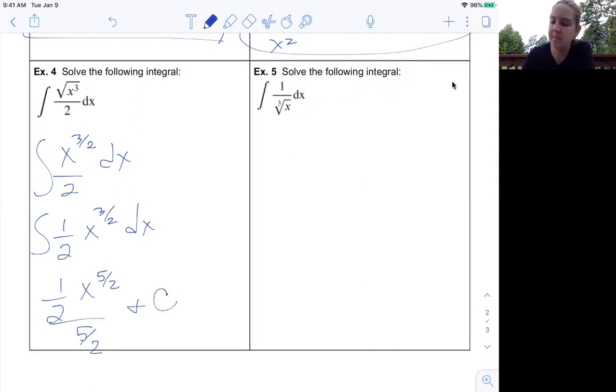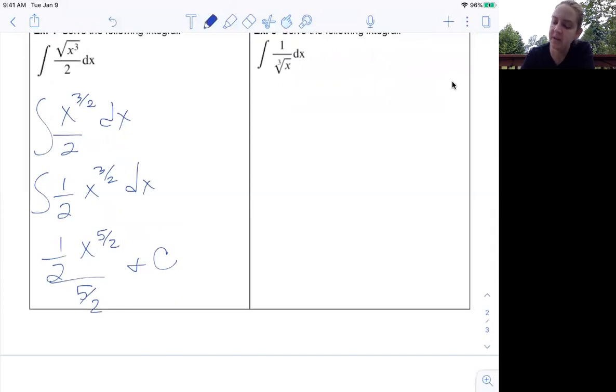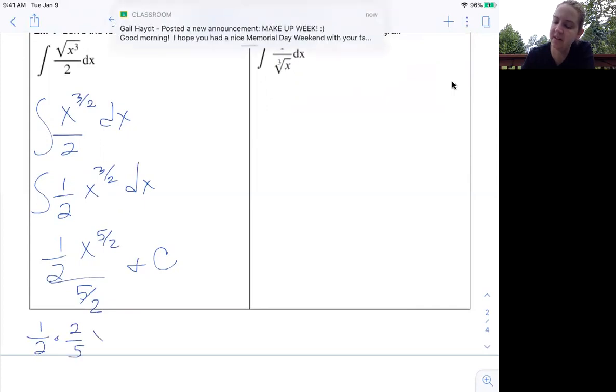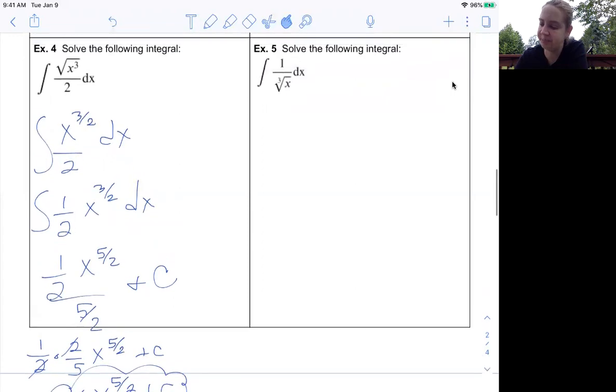And instead of dividing by a fraction, we really multiply by the reciprocal. So this is 1/2 times 2/5 x to the 5 halves plus c. Those 2's are going to cancel out. So this is 1/5 x to the 5 halves plus c. Fractions and negatives. Students always hate that part.